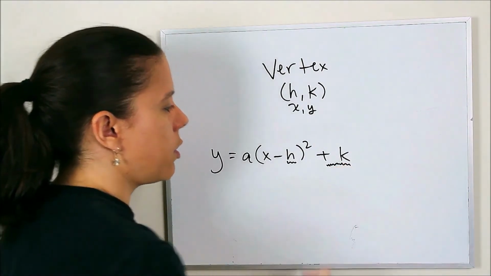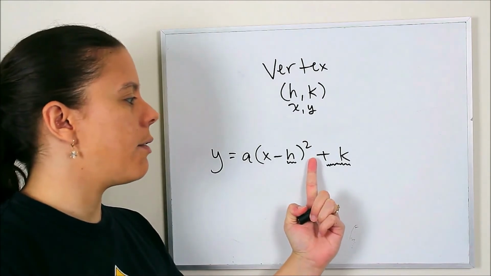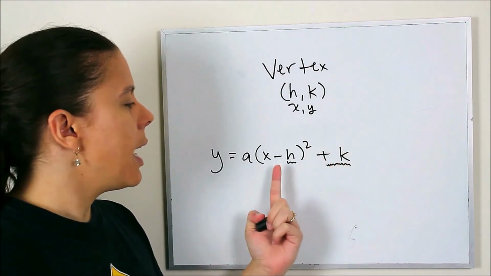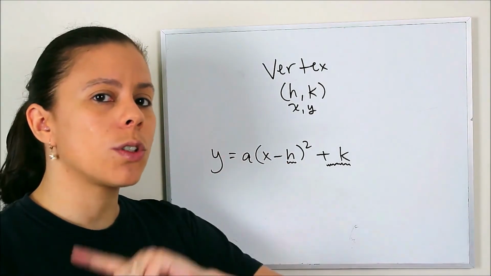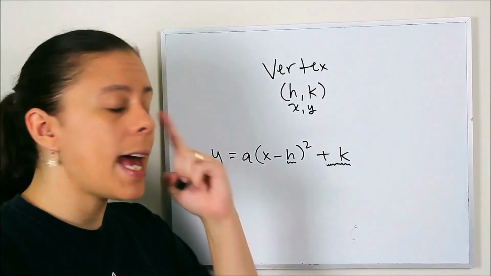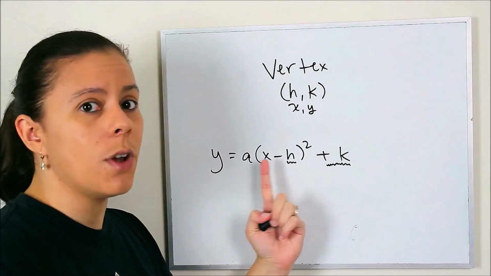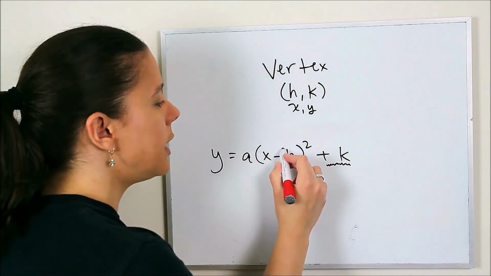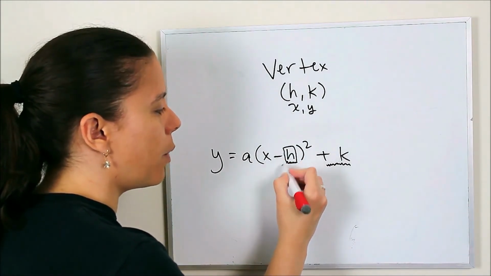Now, I'm going to include this here because sometimes you would have minus a number, so that would be a negative k. And the place I find most confusion in my students is the h, because they forget that this is actually a negative, which means that when you're looking for the h, you only take into account this number right there.